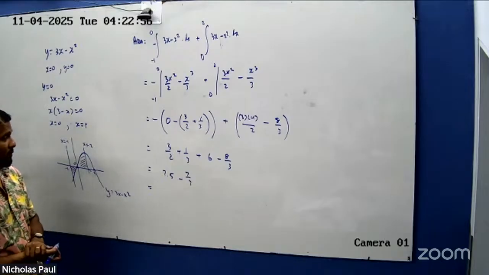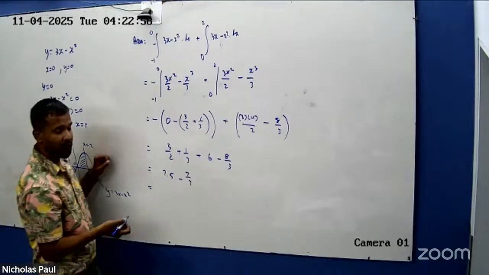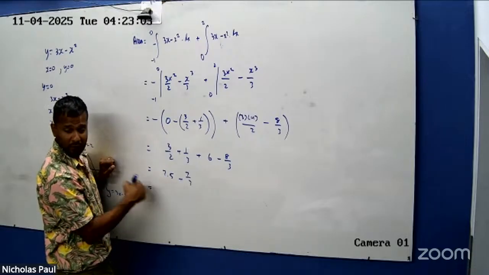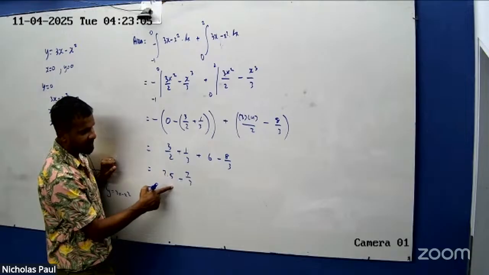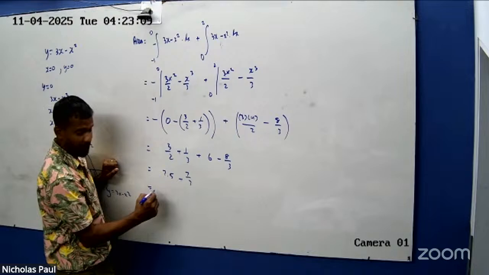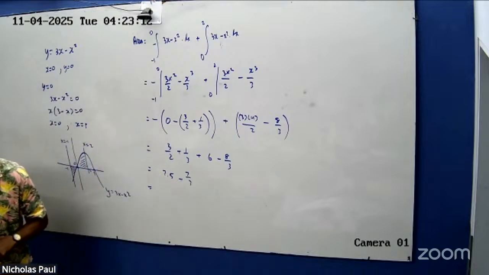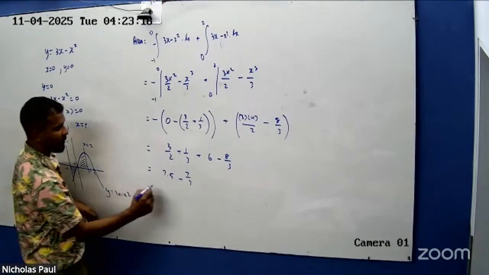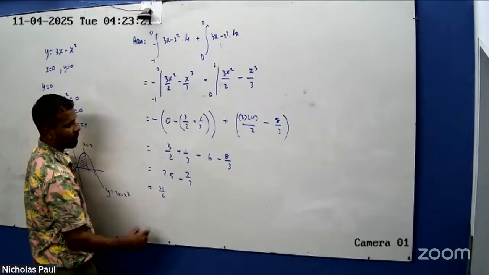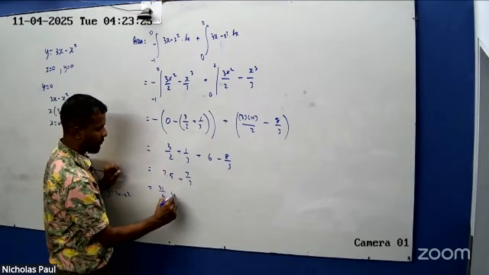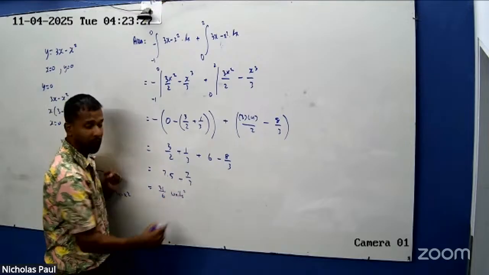I get 5 point... 51 on 6. Yeah, 51. That's the thing, it's 5.2. 5.16 you create. Anybody else get up?